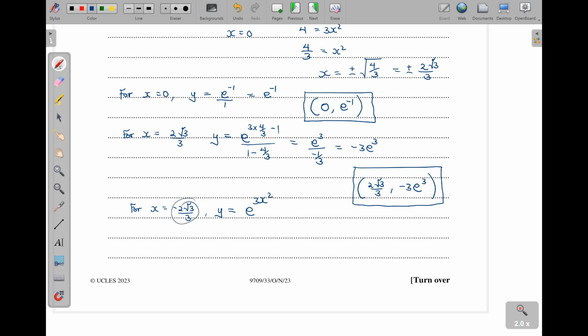So I will just also write y is equal to negative 3 e to the power of 3. It's the same thing. So the coordinates of the other stationary point are negative 2 root 3 over 3, and then negative 3 e to the power of 3. These are the three coordinates.